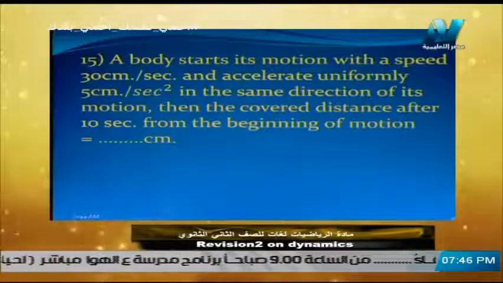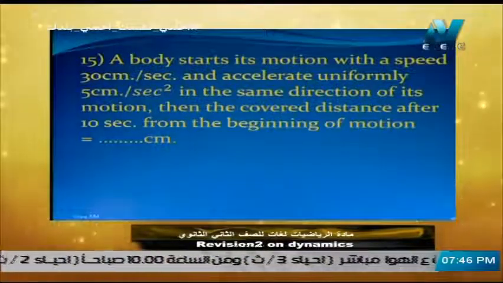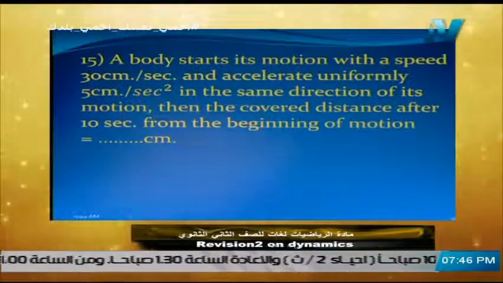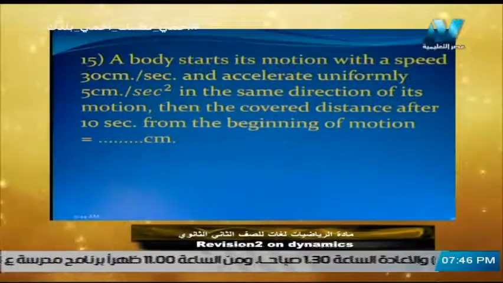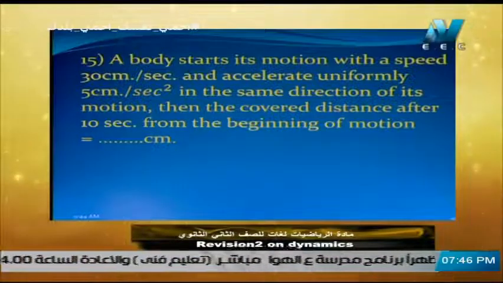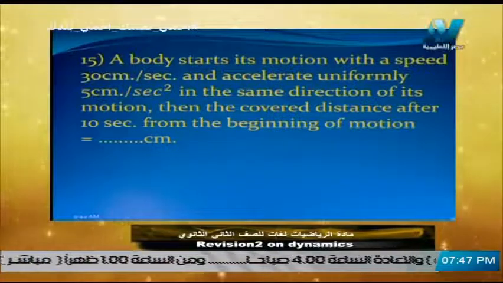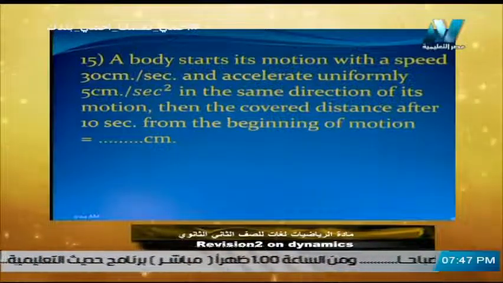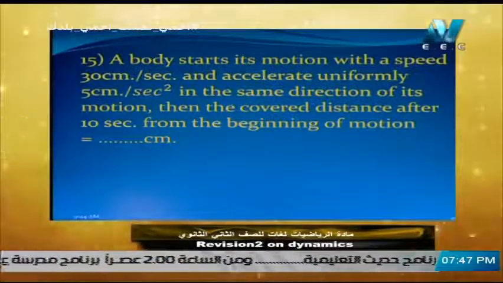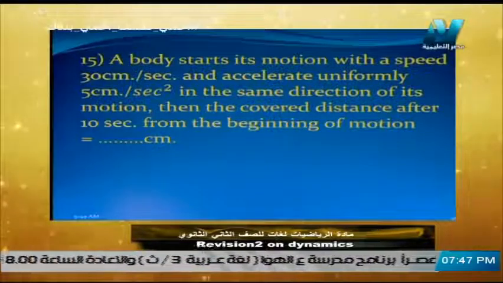We have question number 15. Read it well with me. We have here a body starts its motion with a speed 30 centimeter per second and accelerates uniformly, that means that it increases the velocity by 5 centimeter per second squared. So A equals 5 centimeter per second squared, in the same direction, meaning it's positive.